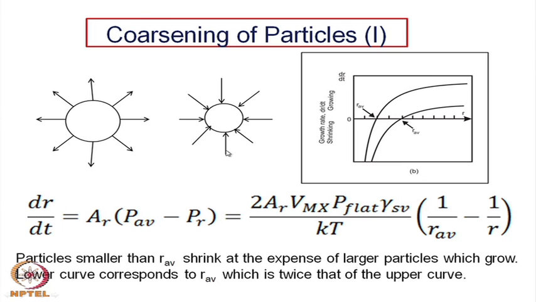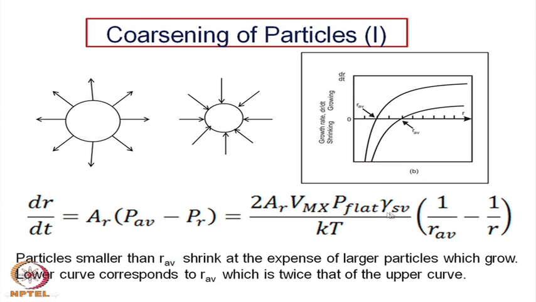So, that is the phenomenon of particle coarsening and also the phenomenon of grain growth. Okay. This of course depends on what the average particle size is, which is the critical particle size. In this case the critical particle size is almost double this value. Okay. So, that depends on the different parameters here.